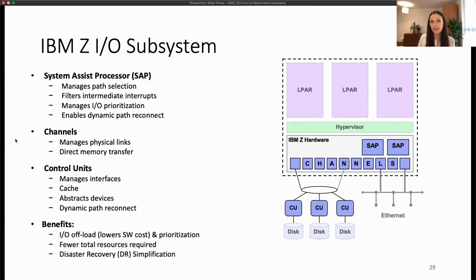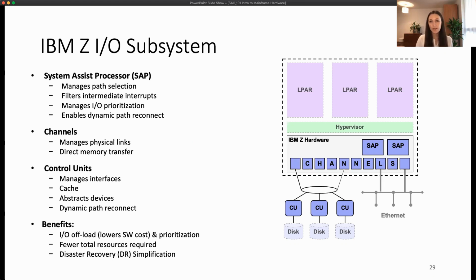And now let's also take a quick look at the input and output operations and the I/O subsystem. Data which you, for example, have stored on disk or tapes has to be transported into memory before it can be processed. And after processing, the data has to be transferred back to its destination. This movement is an I/O operation.